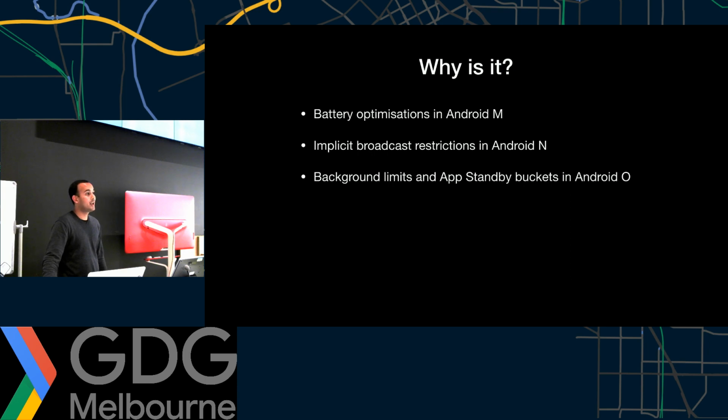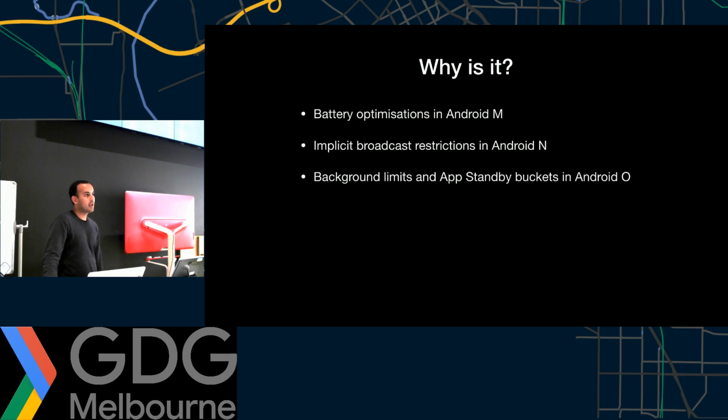Well, the Android team has been very conscious of what background services run in Android phones, for performance. So in Android M, they put in a bunch of battery optimizations, like doze mode, for example. They restricted implicit broadcast receivers in Android N, because you should be explicit as far as broadcast receivers are concerned, because you're spinning up your app's process every time you receive a broadcast.